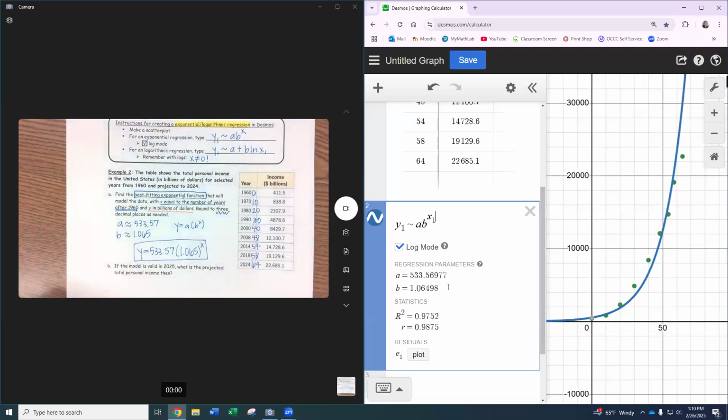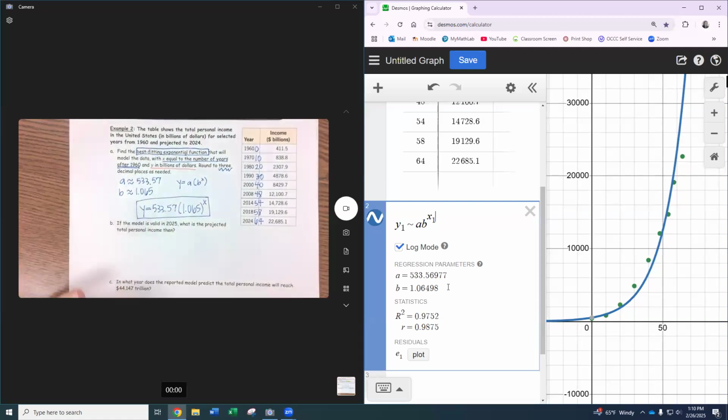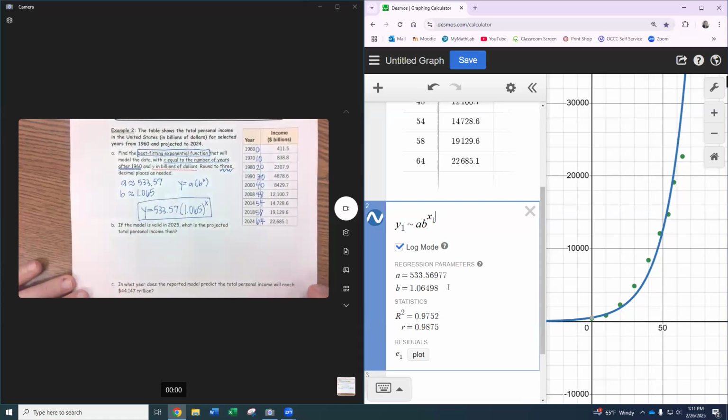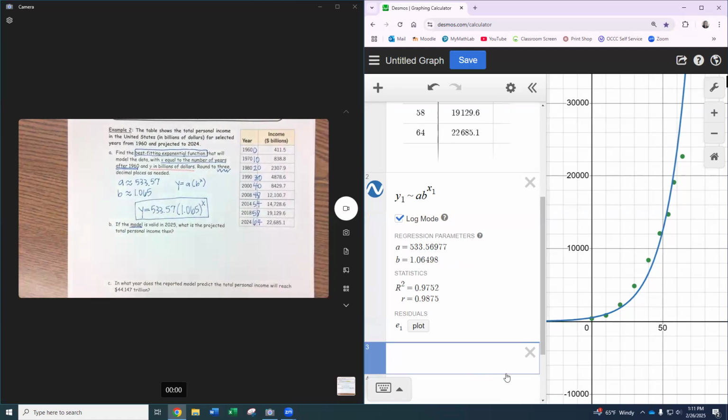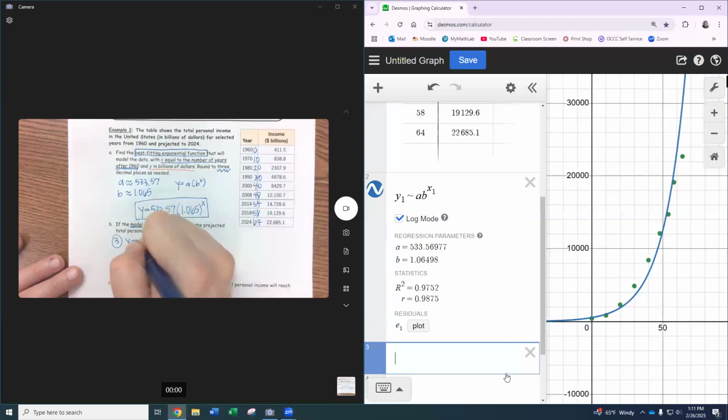Okay. Now part B says if the model is valid in 2025, what is the projected total personal income then? So remember, model. While this is a more accurate regression, to get to my model, in line 3, I'm going to type this in.